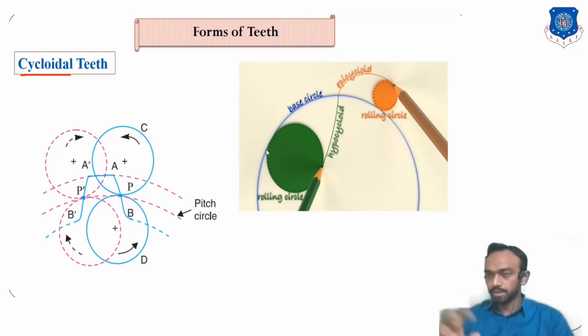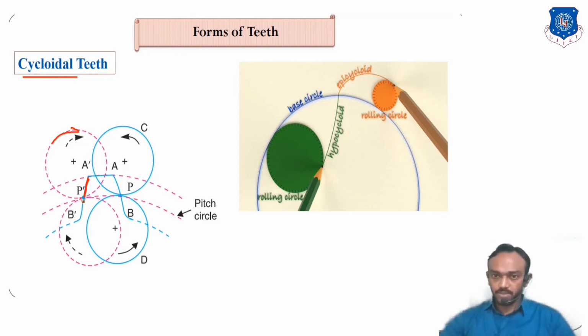And if the cylindrical part moves along any circular part, then it makes an epicycloid. And if it is inside that circle, it is a hypocycloid. So this is the epicycloid and this is a hypocycloid. Using this profile, if you design the teeth, then it is known as cycloidal teeth. You can see here one circle is made, and when this circle rotates, you get this portion only.